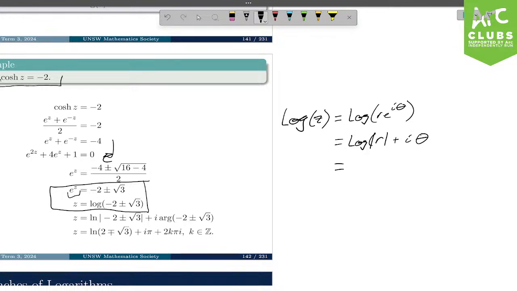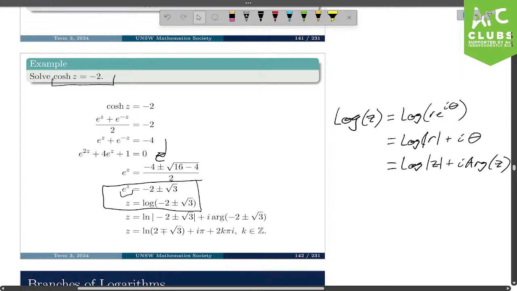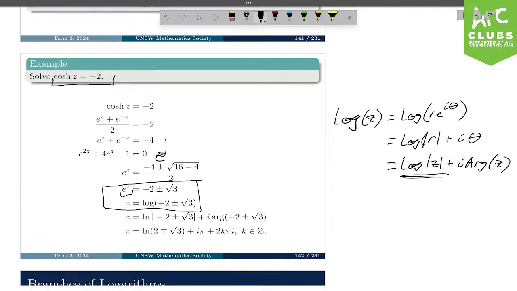And so the way that we express this in terms of z again is log of the magnitude of z plus i times principal argument of z. Alright? As we had above. Right now, it's not really asking us for the principal value, we're just doing the logarithm itself. So first things first, we get magnitude of z in here right now, and then argument of z in there right now, in the imaginary component.